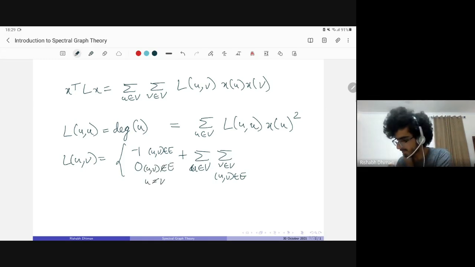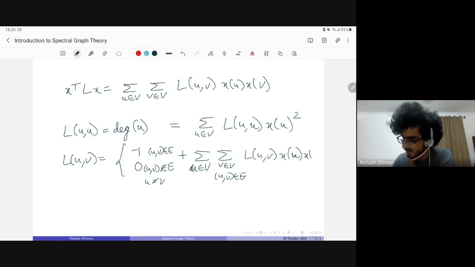And for the third part where uv is not an edge, you're just multiplying by 0, so you can just ignore that portion.